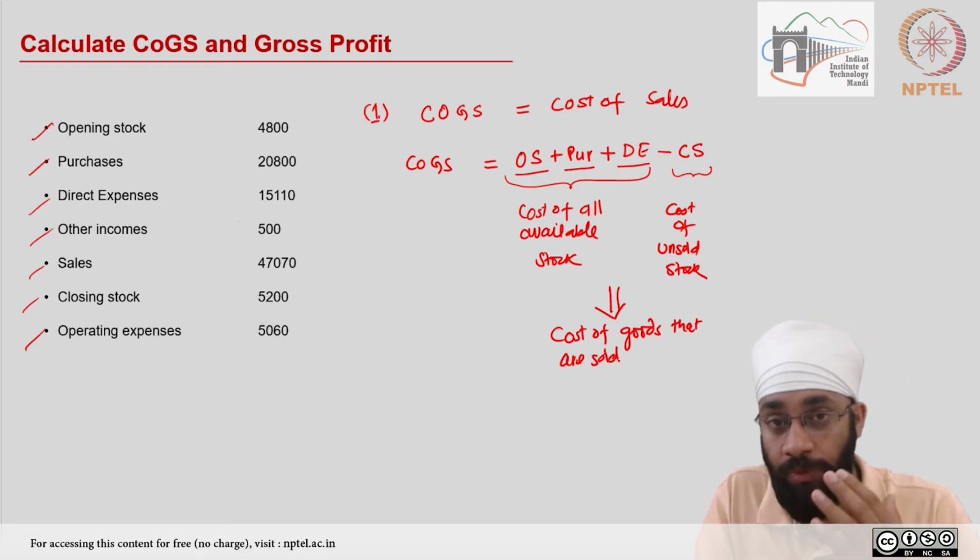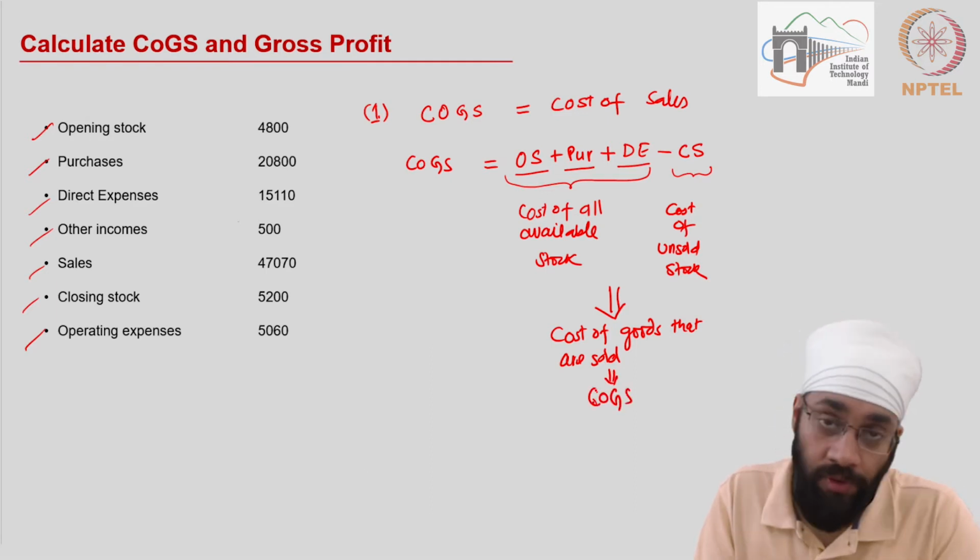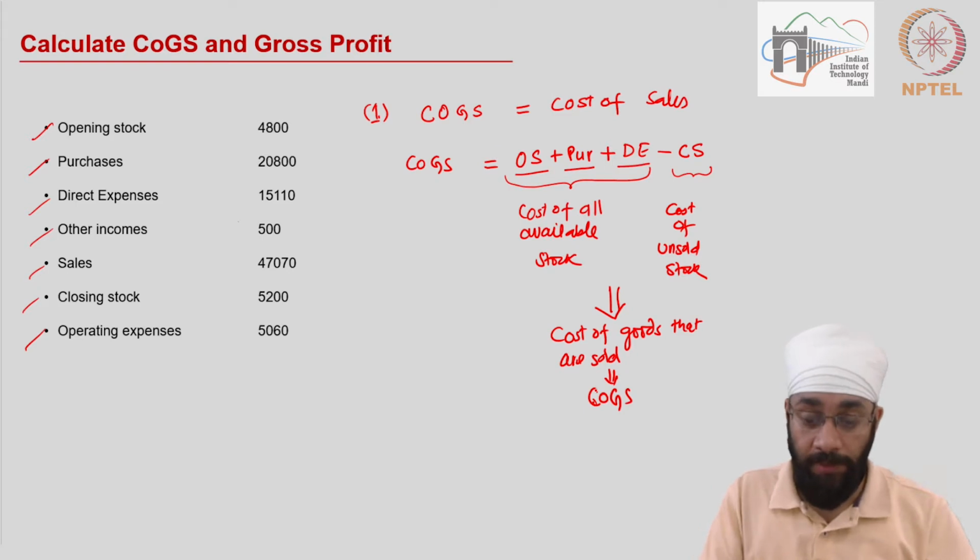And this is what needs to be shown in the profit and loss account, in the trading account. So this gives you the COGS, or the cost of sales. So this is the concept behind it.